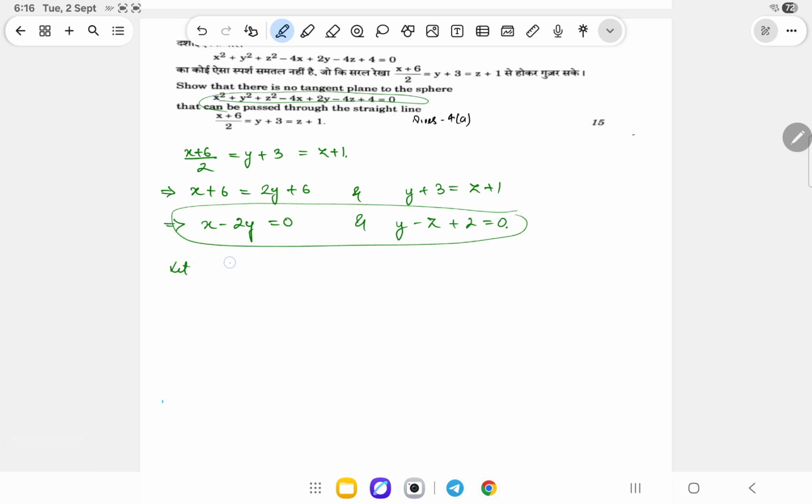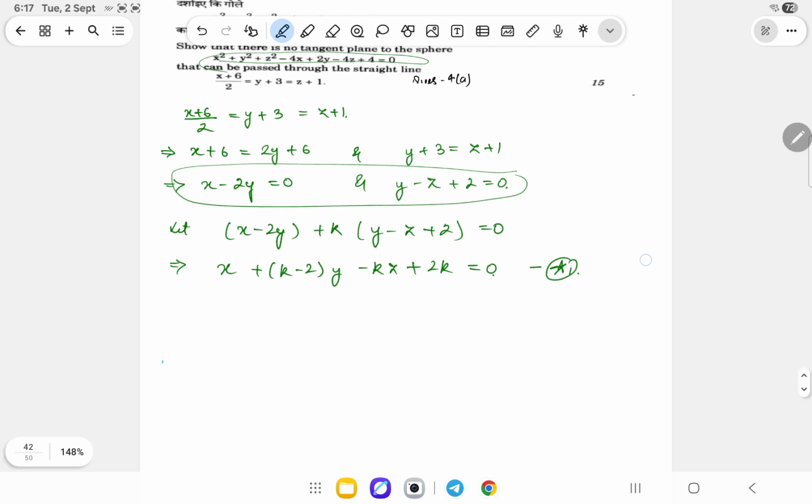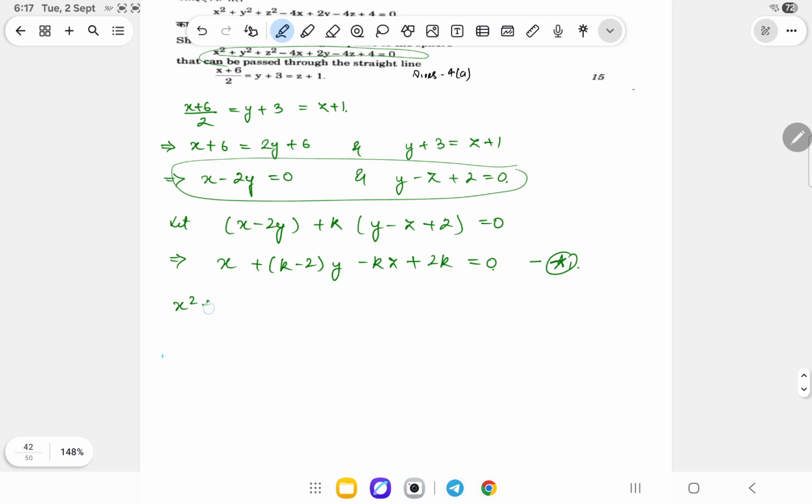So let x minus 2y plus k into y minus z plus 2 equals to 0 be the tangent plane to the sphere. So if I simplify it, I'll get x plus k minus 2 into y minus kz plus 2k equals to 0.